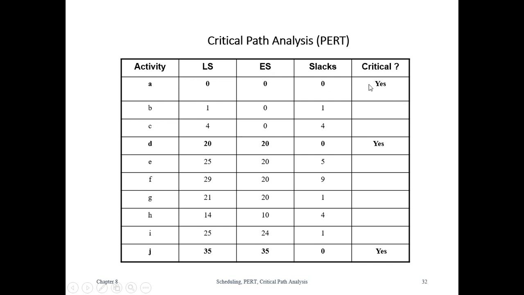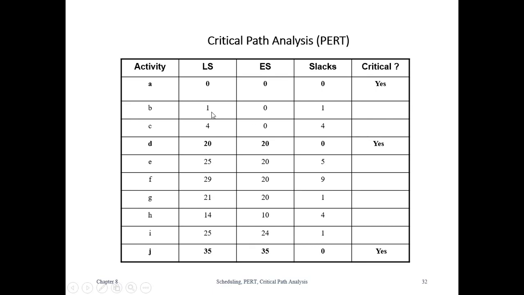This is the characteristic of a critical activity. A critical activity can also be identified by looking at the early start and the latest start. If the difference between ES and LS is 0, such an activity is called a critical activity.